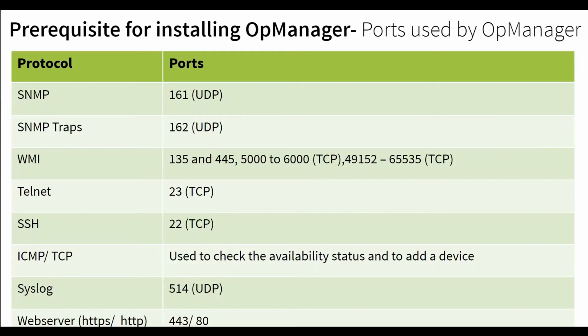For Telnet, we have 23, SSH on 22, and we use ICMP and TCP protocols to check the availability of the device, and 514 is used for syslogs, and the default 443 for HTTPS and 80 for HTTP should be opened on your firewall.